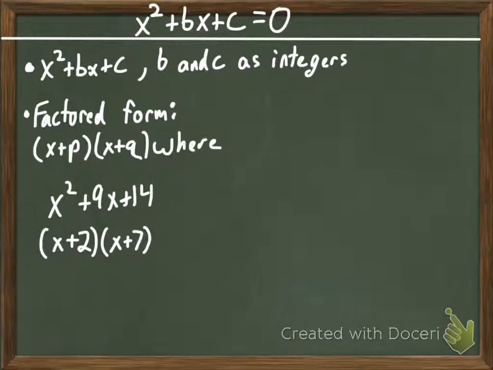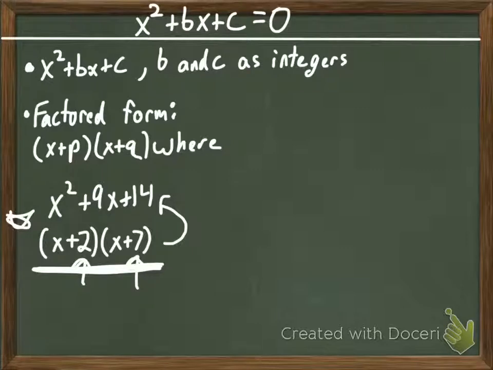And to help us figure that out, I have this example here. We have x squared plus 9x plus 14. Well, the factored form of that is this. And looking at this and looking at the p and the q, we can figure out something about how to get back from here to here, which would help us go from here to here.